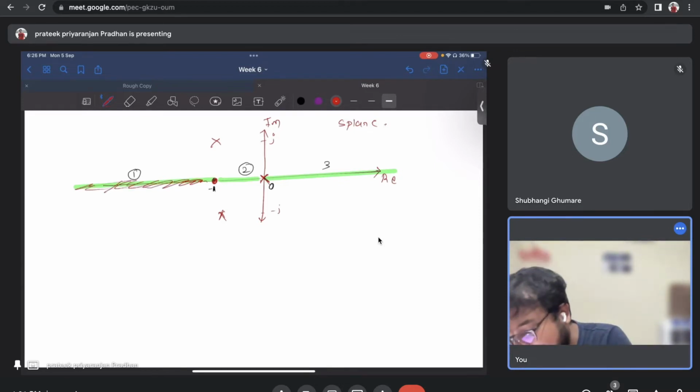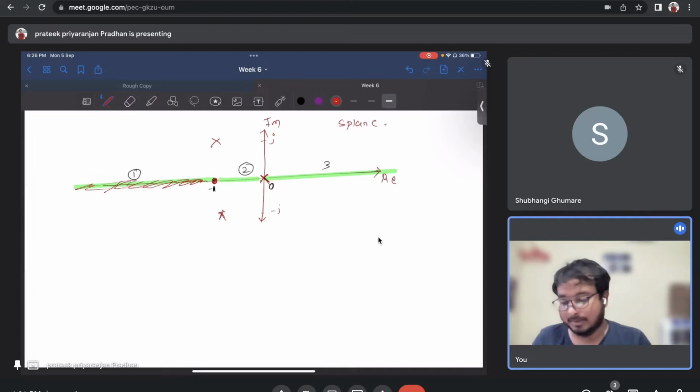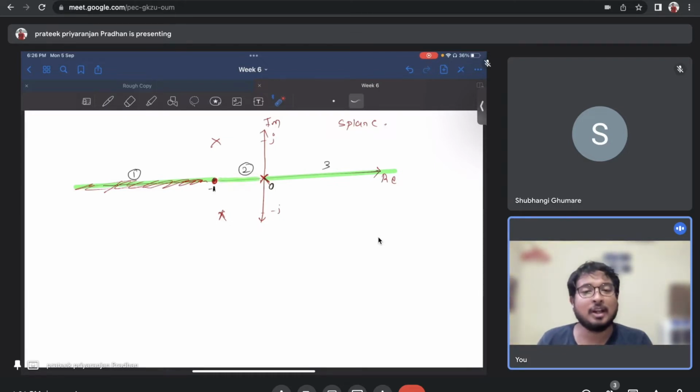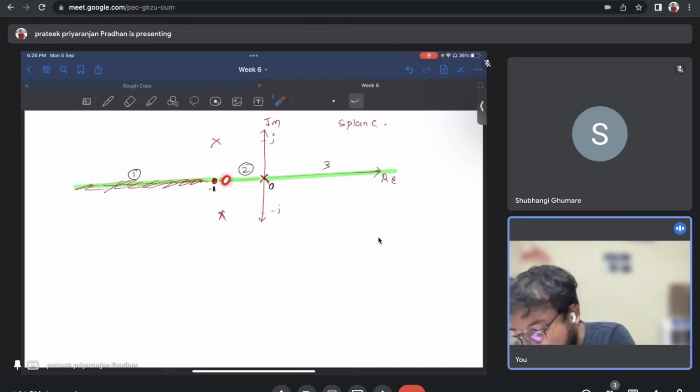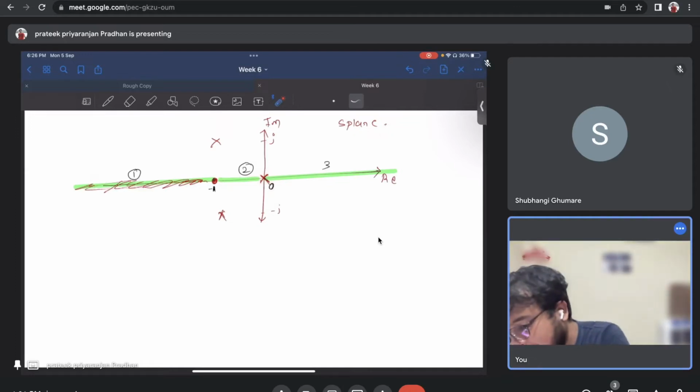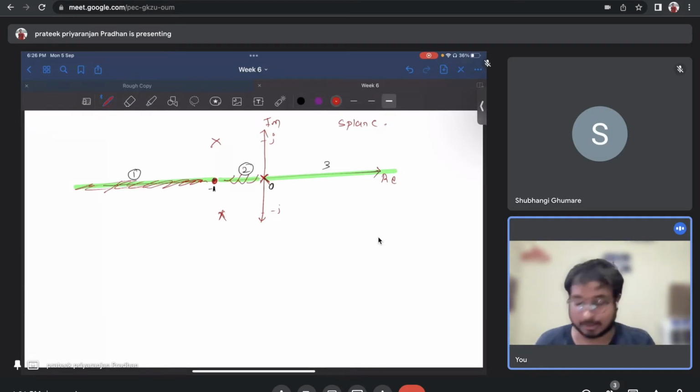When I come back to the second part of the real axis here, when I choose any point in between, I have only one pole on the right hand side, the pole at 0. So that's why this is part of the root locus.